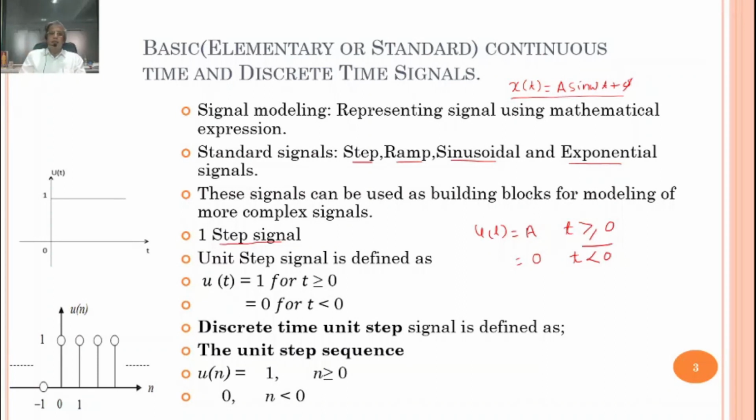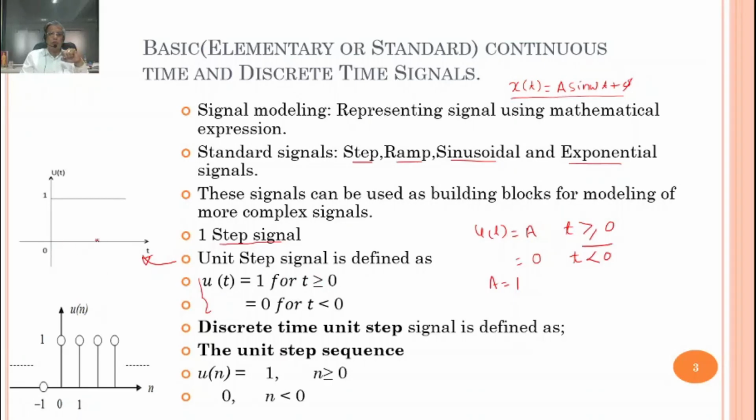Now this figure shows the unit step signal. When A equals 1, that is, when the amplitude of the signal is 1, that signal is called the unit step signal. And the signal modeling for the unit step signal is like this: u(t) = 1 for t greater than or equal to 0.